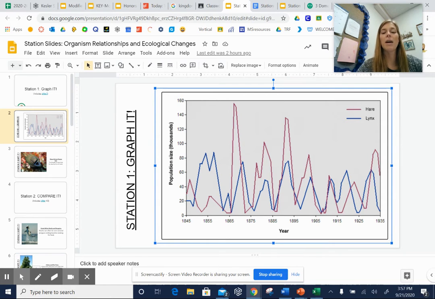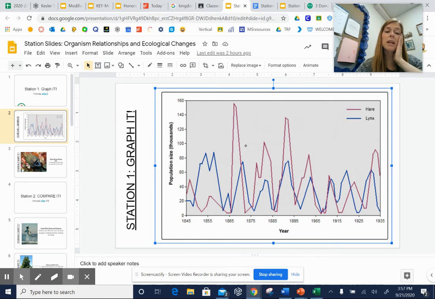Now, if you're talking about the number of hares in 1870, well, here's 1865. Here's 1875. So 1870 should be right here in the middle. A lot of you put maybe 158 or 160.